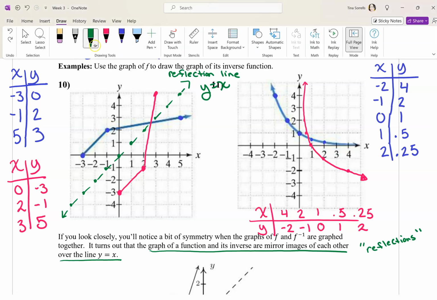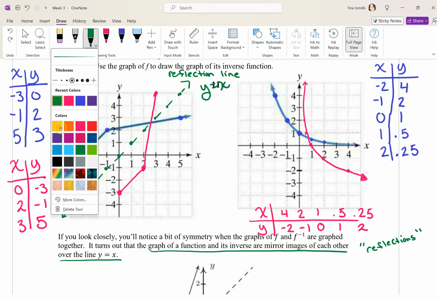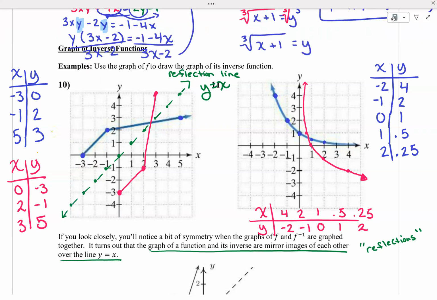So what I'm going to do is change colors real quick because I want to show you something. If you rotate your paper where it's a little perpendicular and you draw a line like this, the distance between this point and the reflection line will be the same as from the reflection line to here.